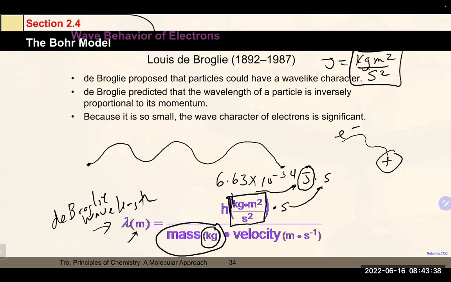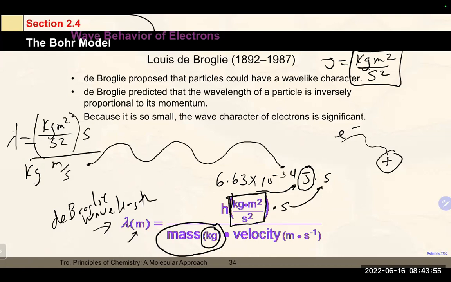So if we look at the units, the wavelength will equal kilogram meter squared per second squared times seconds, divided by kilograms and meters per second. When everything starts canceling out, a second here and a second here takes care of both of those.